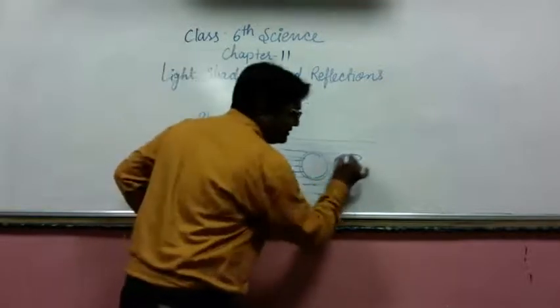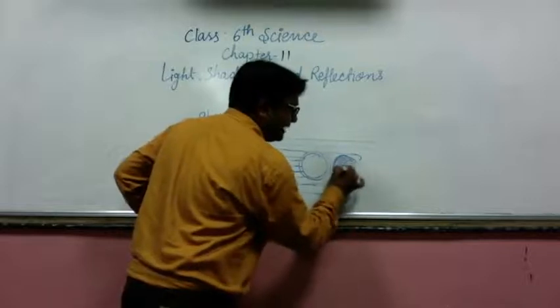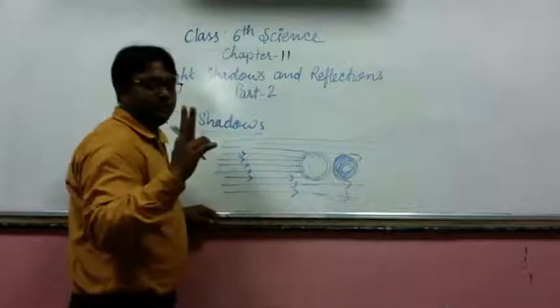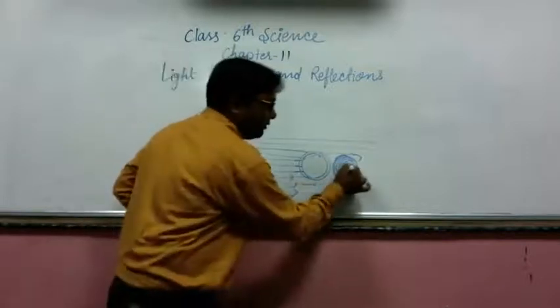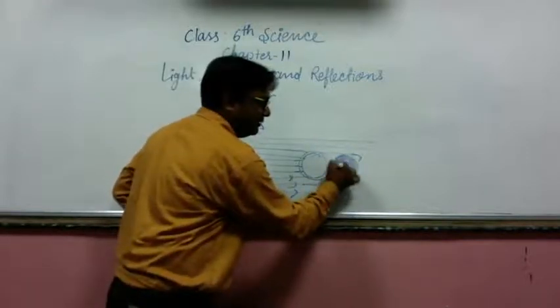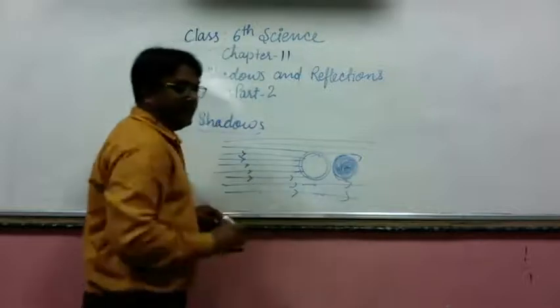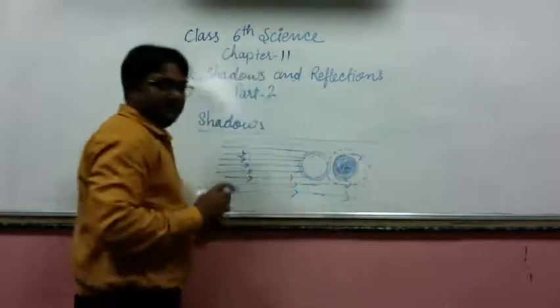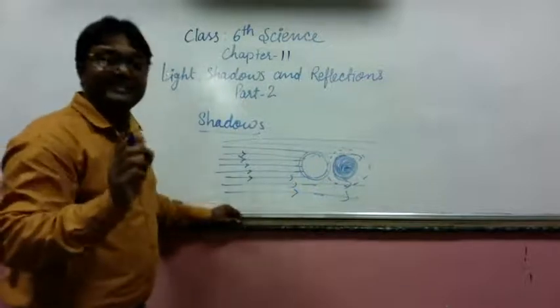In this shadow, two parts are going to be formed here. The dark portion of the shadow, and you are finding the surrounding portion is lighter in color, a little bit less dark.